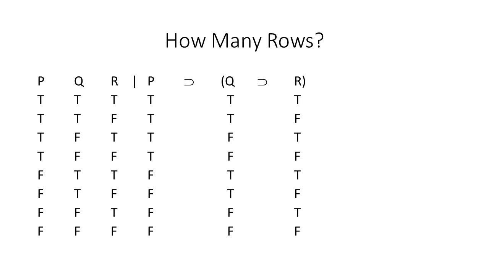Think about it. We're going to solve for the horseshoe between Q and R, working from the inside out. When they're both true, it's true. Then it's false, because the antecedent is true and the consequent false, and that's the only time where an if-then is false. Then we have true, true, true, false, true, true.